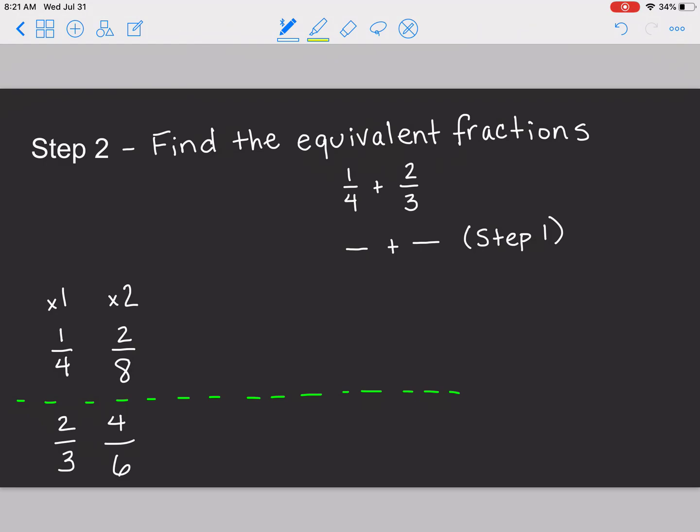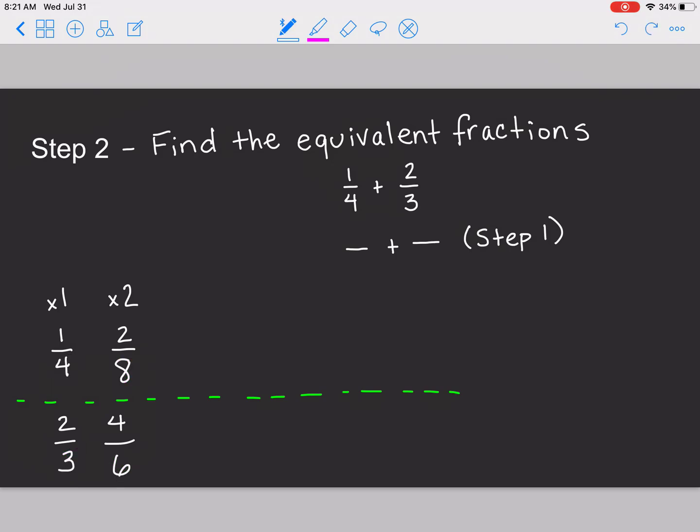Now, looking at the denominators, I have an 8, a 6, a 4, and a 3. I don't have any denominators that are the exact same number. So I'm going to keep going.